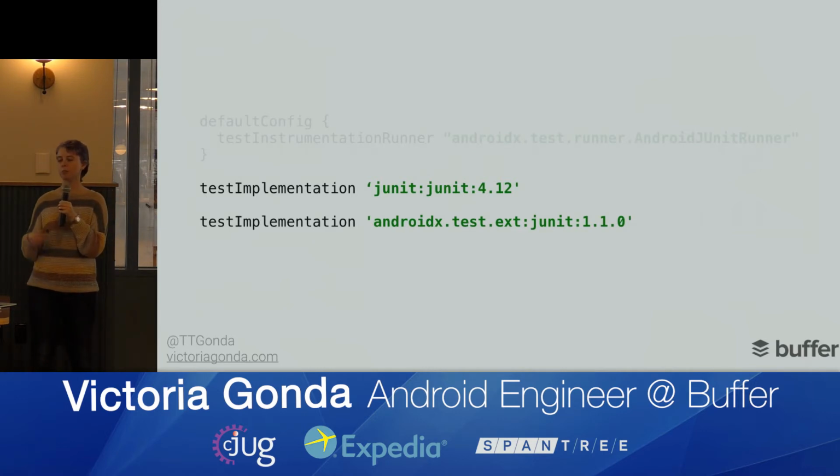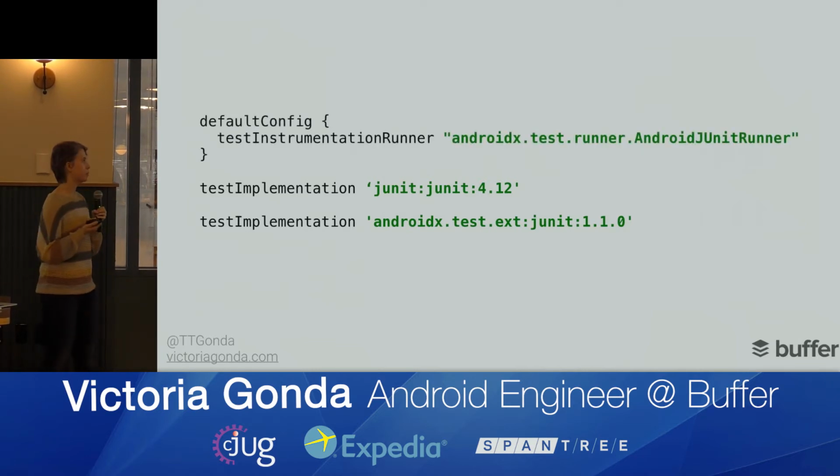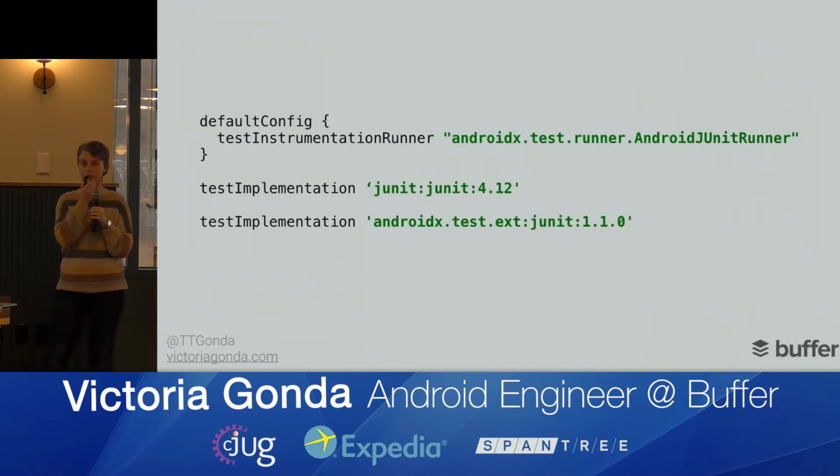The first is just plain JUnit 4. This one's not a part of AndroidX Test, but it's what AndroidX is meant to work with. And then there's the AndroidX Test library that uses JUnit. You also need to make sure you specify the test instrumentation runner in the default config block of your Gradle file.